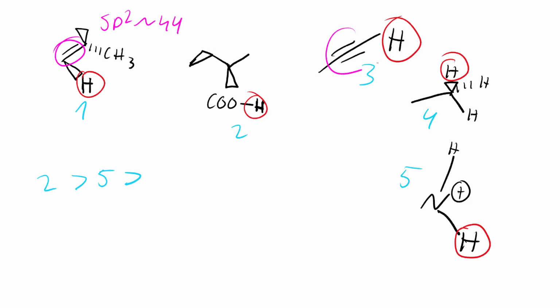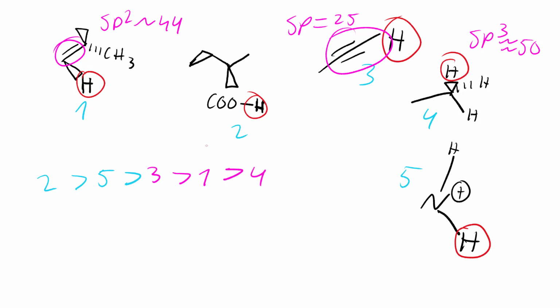And then since this is triple bonded, it's going to be linear, so that's sp, which is what? 25. Alright. And number 4, this is all single bonded, so that's sp3, which is like what? 50. And so it should be 3, which is more acidic than 1, which is more acidic than 4.